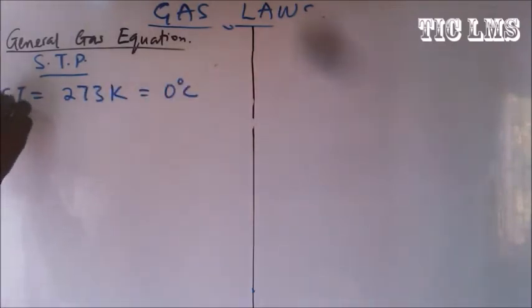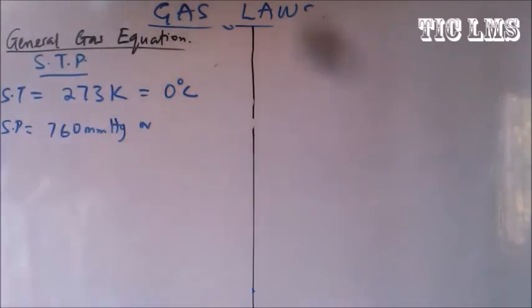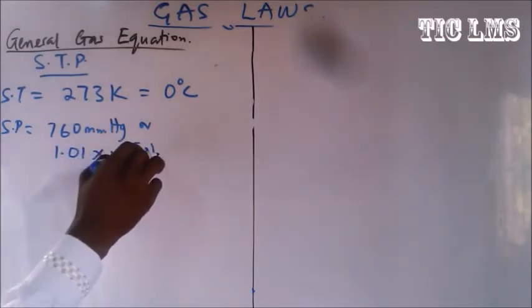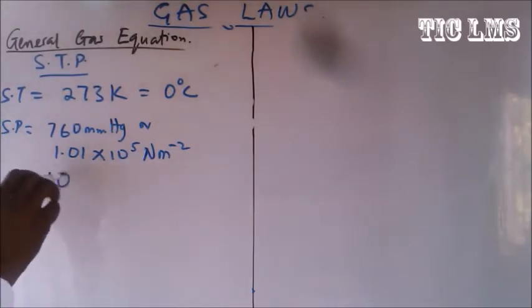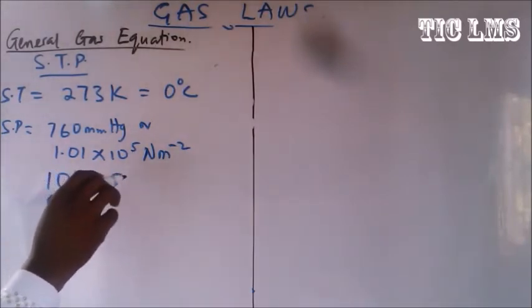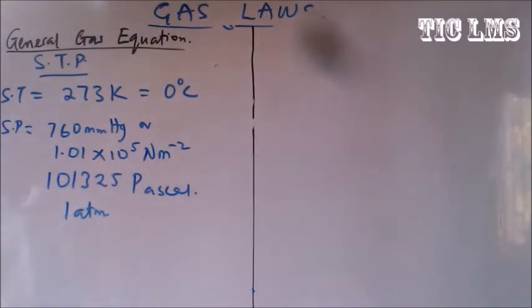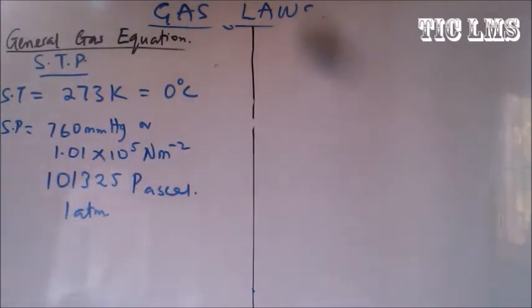And then the standard pressure is 760 millimeter mercury, or we use 1.01 times 10 to the power of 5 Newton per square meter, or we use 101,325 Pascal, or we use 1 atm, that is 1 atmosphere. Depending on the unit of the pressure we're given, it will determine which of these pressures we have to make use of. Now let us solve a question that relates to this.